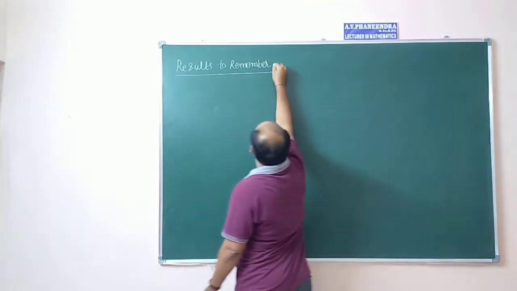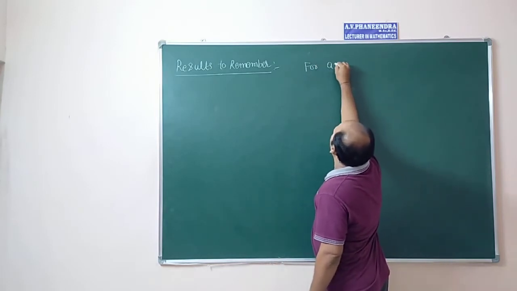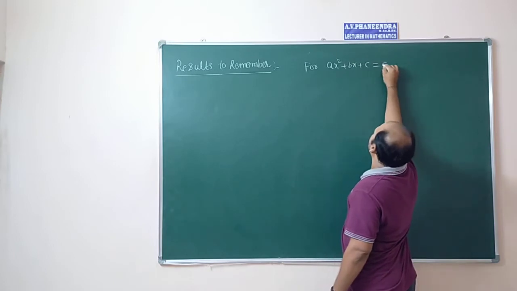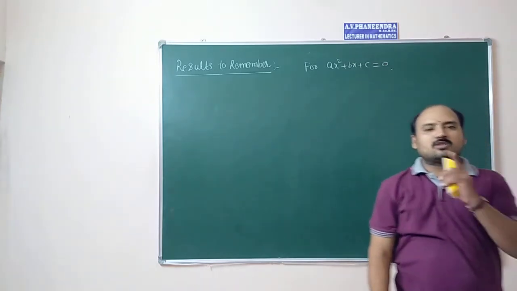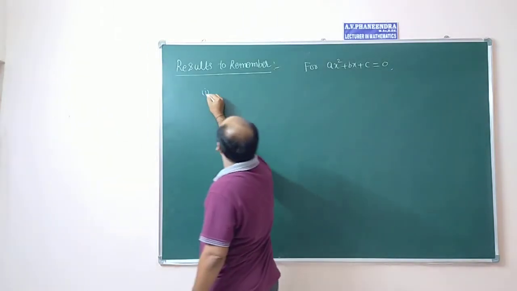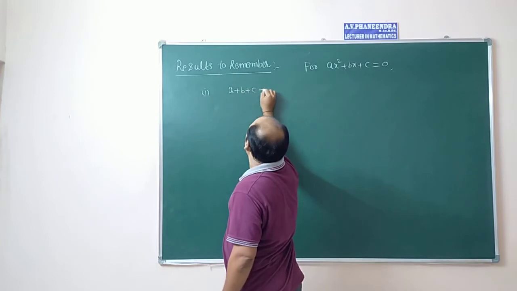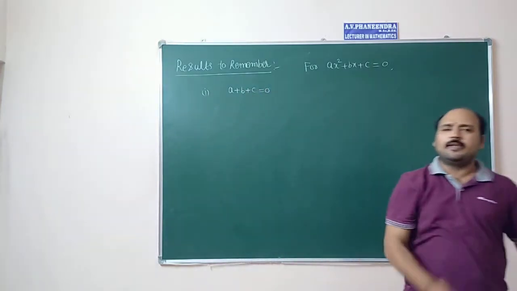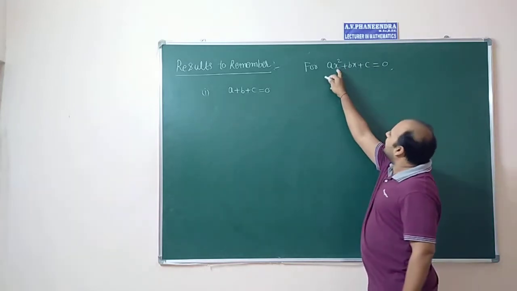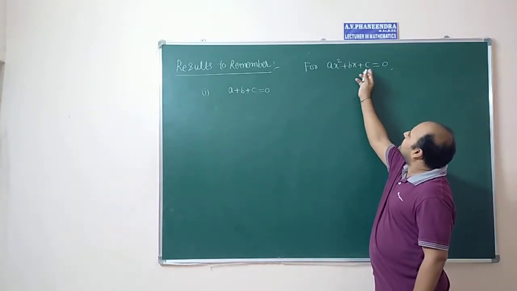Regarding quadratic equations, for the quadratic equation ax square plus bx plus c equal to 0, suppose the first point in this: a plus b plus c is equal to 0. When it is possible, a plus b plus c equal to 0, substitute x is equal to 1 here. A into 1 square plus b into 1 plus c equal to 0.